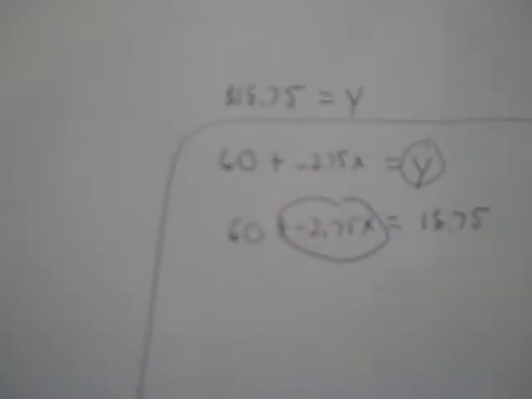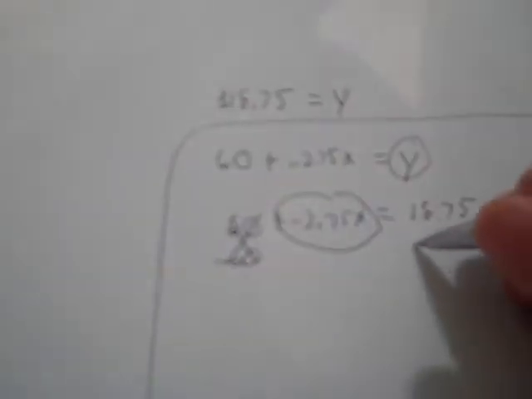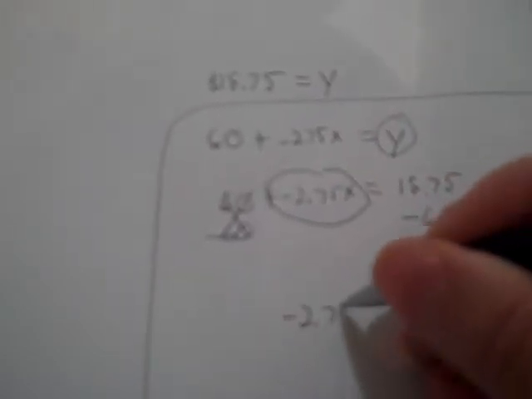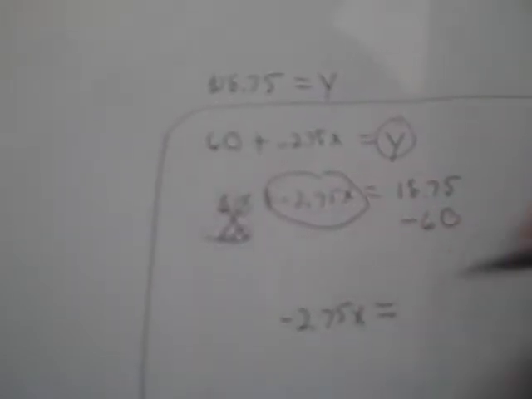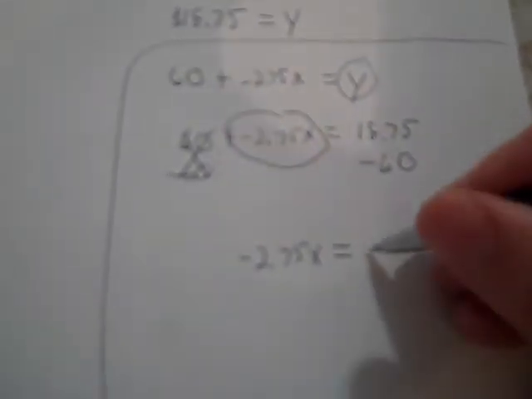And now I can solve for x pretty easily. Okay, now the x isn't by itself. We need to get it by itself by circling. Here's the x. Its coefficient is negative 2.75. I'm going to need to undo the 60 by subtracting from both sides. And I have negative 2.75x, and then 18.75 minus 60, negative 41.25.